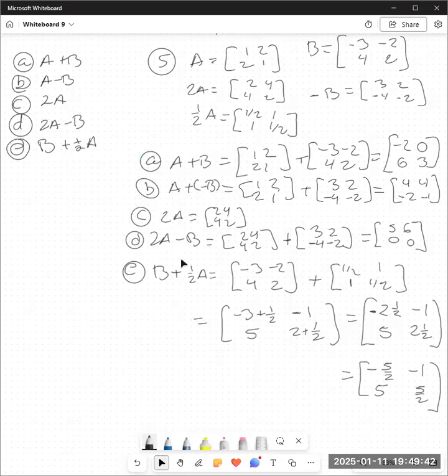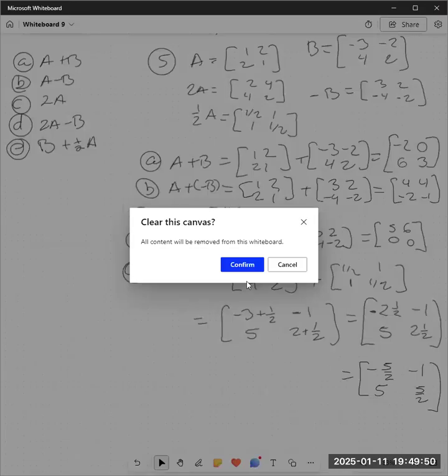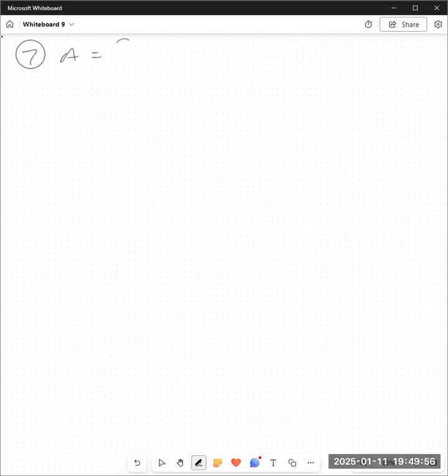Let's go ahead and look at number 7. We'll be taking the same 5 steps there. Seven says A is equal to [2, 1, 1; -1, -1, 4].